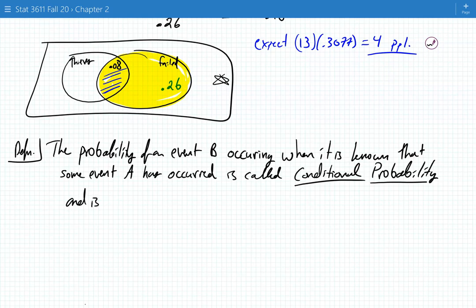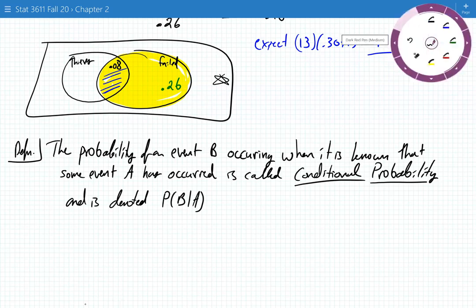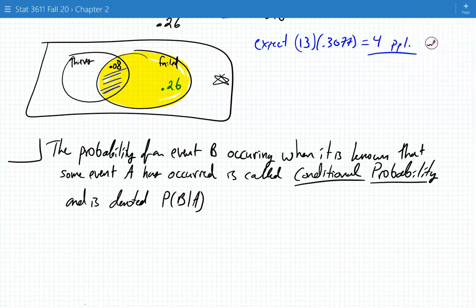And this is denoted the probability of B given A. And this is actually Definition 210, if you want to correspond to something in the text there.